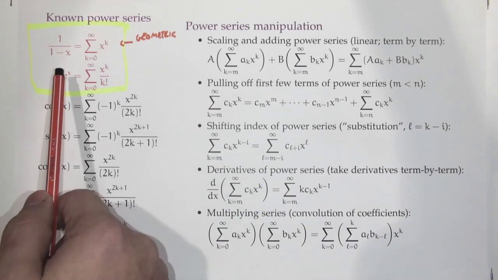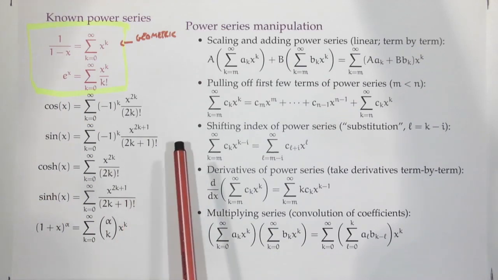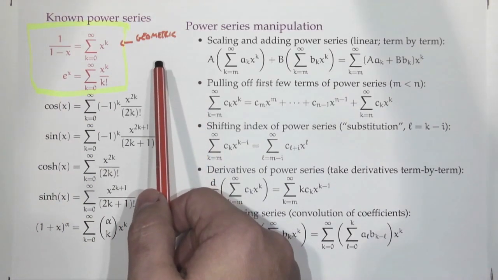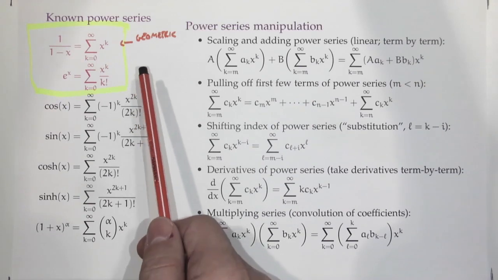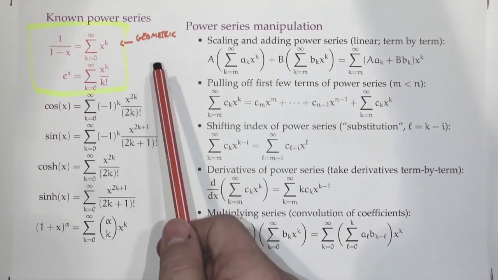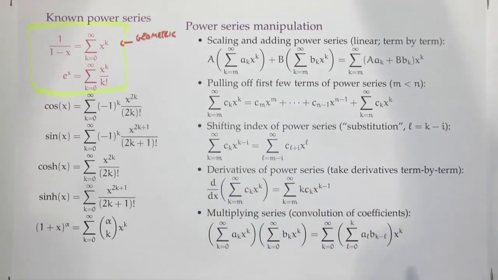For a geometric series, by the way, do you know why we call it geometric? Do you remember that? Geometric here means multiplying. There's sort of two ideas, arithmetic and geometric.